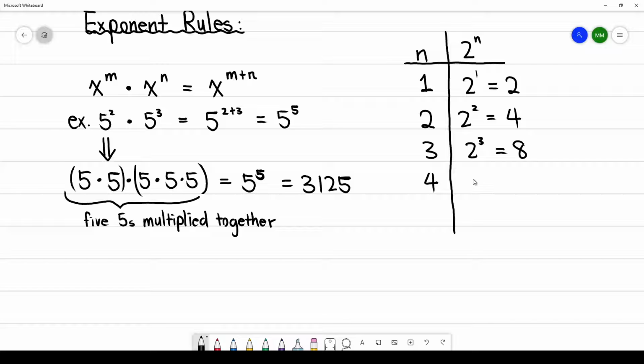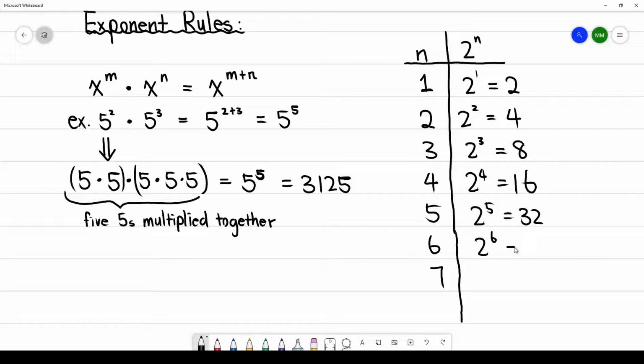And when n is 4, 2 to the 4 is 16. And then 32. For the exponents when the base is 2, it's often nice to go all the way down to, say, this is 64, and then this here is 128.